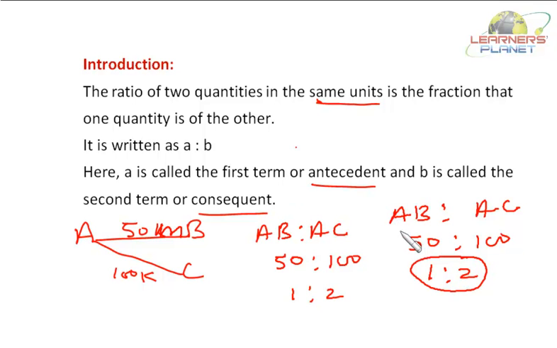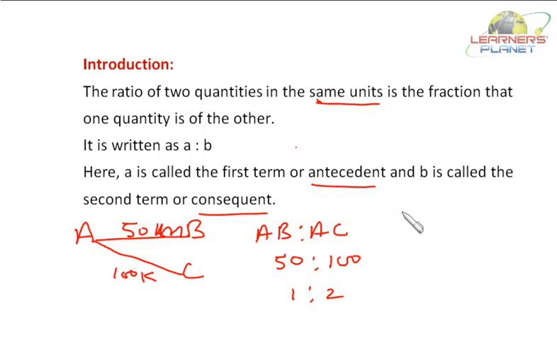So now what will happen over here? AB is to AC. Now AB is 50 meter. So I write 50 meter over here, and AC is 100 kilometer. So I'll be converting this kilometer to meter by multiplying 100 by 1000. So what I'll be getting? 100 times 1000.